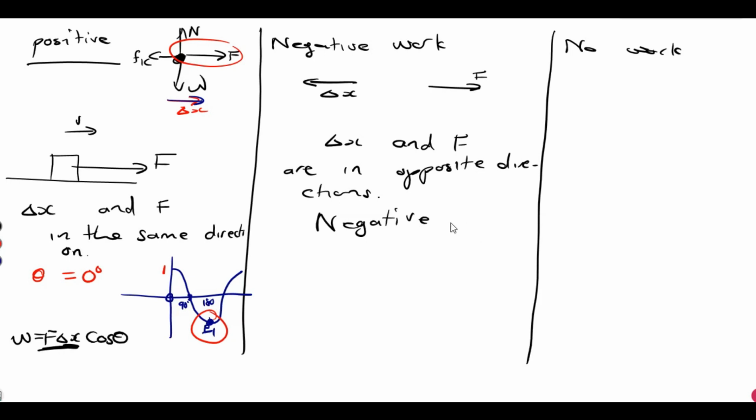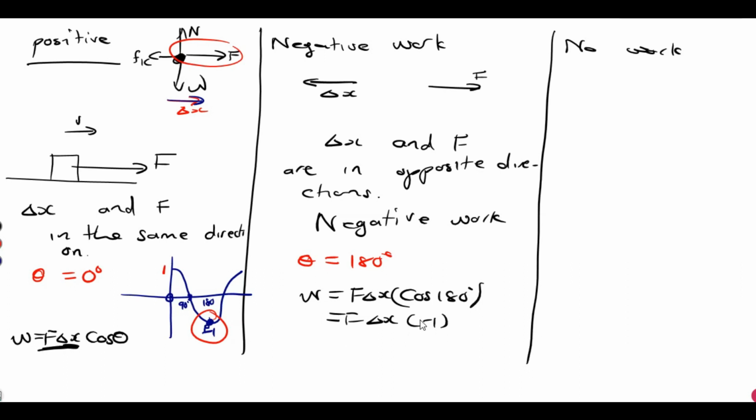It's taking from the system, right? So what angle are we going to use there? We're going to use theta equal to 180 degrees, because at cos 180 degrees we have a -1. Hence the formula now, work is equal to F delta X cosine 180 degrees. But remember that cos 180 degrees is nothing but a -1.